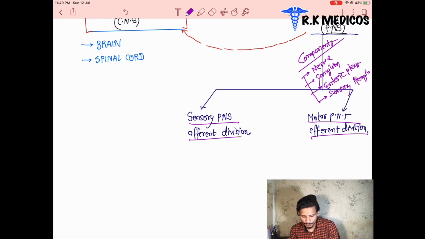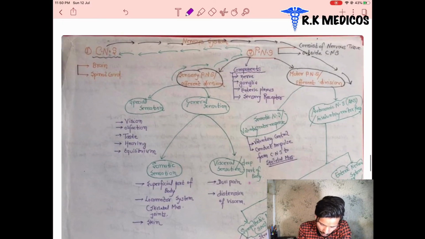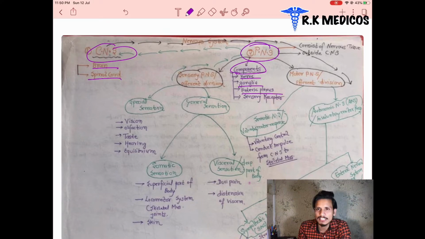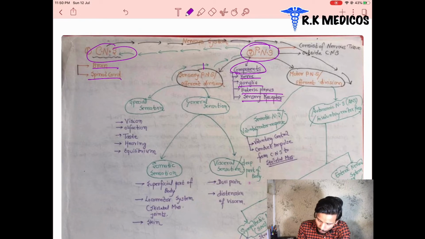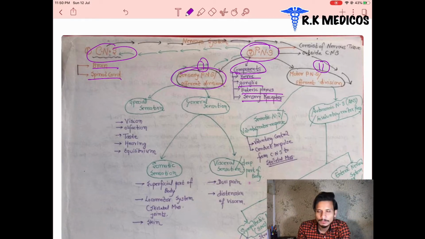We can see in the above picture the central nervous system, which has two parts, brain and spinal cord, and here is the PNS, the peripheral nervous system. It has components: the nerve, ganglion, enteric plexus, and the sensory receptors. There are two types, the sensory PNS or afferent PNS, and the motor PNS or efferent PNS.